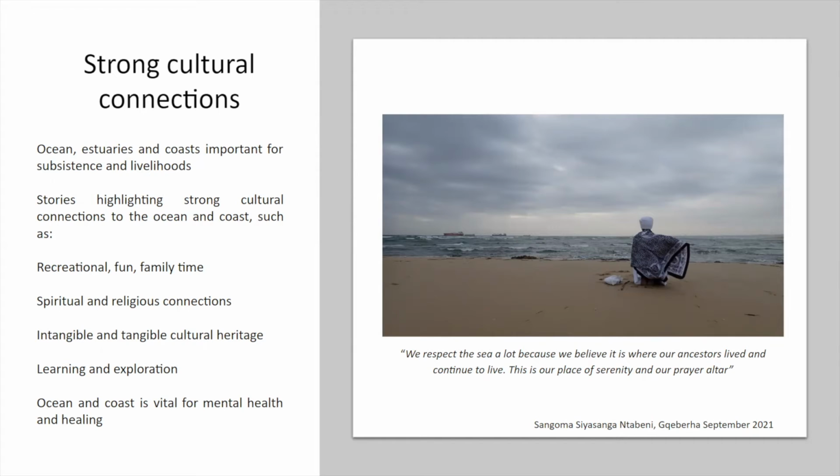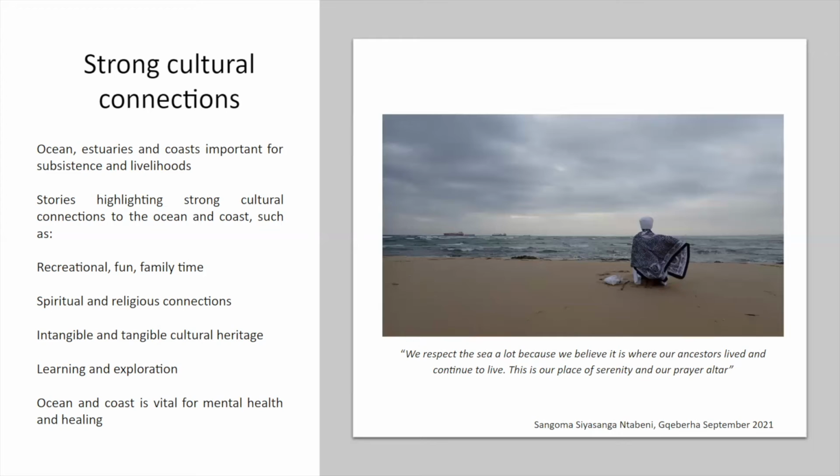Even though we knew that the ocean and the coast and the estuaries are really important for people's subsistence and livelihoods and work and income, we didn't know that there were such strong cultural connections across people in the Bay. And I use culture as a very broad term here. And again, if you want to read more, we've written on it, but I could go on for hours.